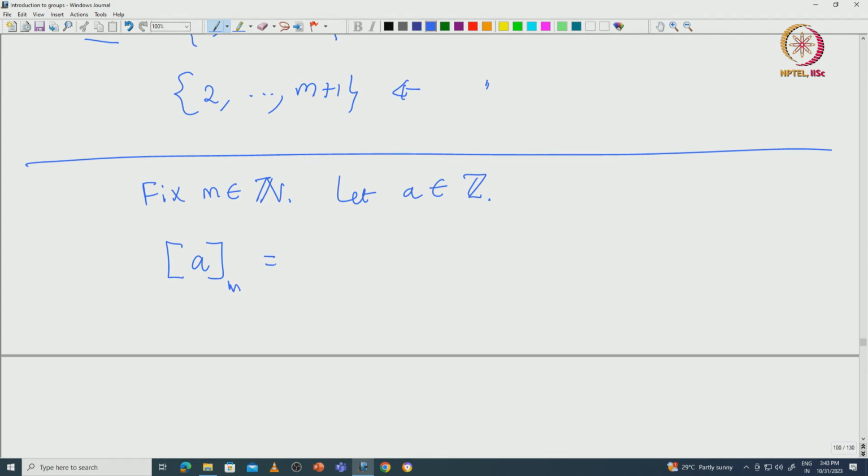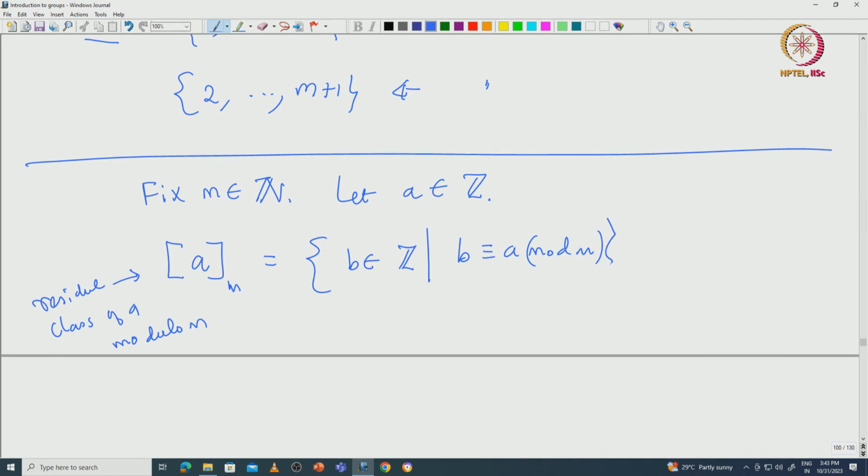This is the residue class, or the congruence class, modulo m. So, residue class of a modulo m. What is it? It consists of all those integers b such that b is congruent to a modulo m.